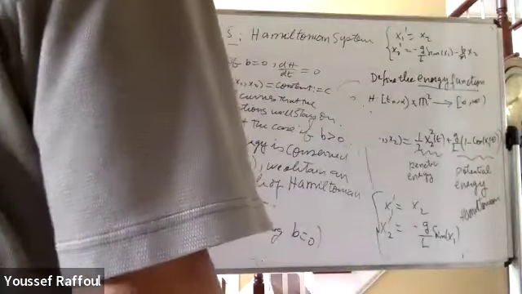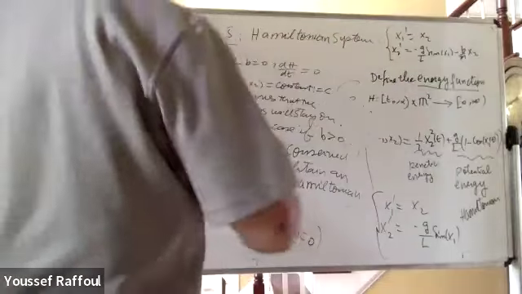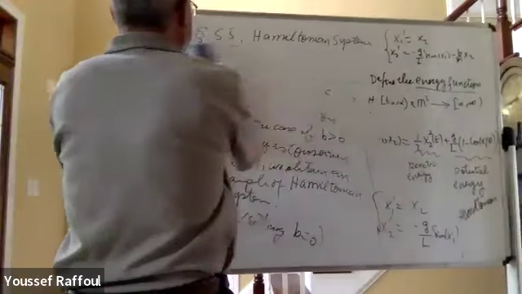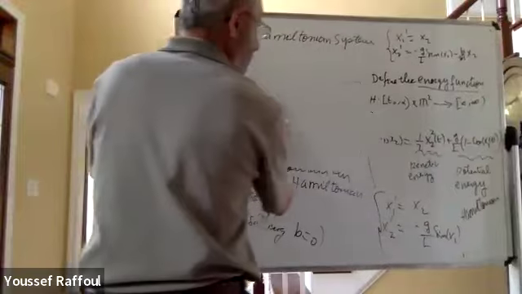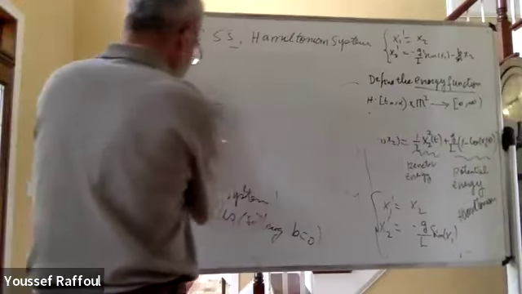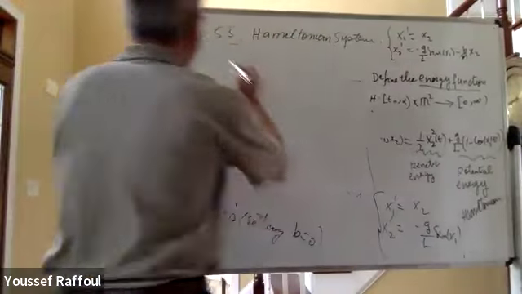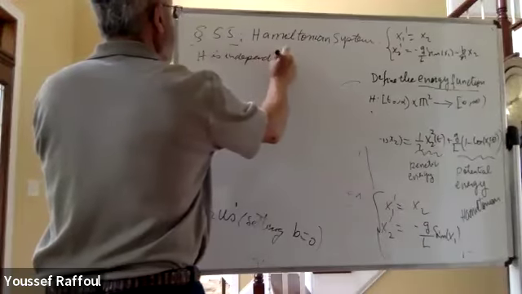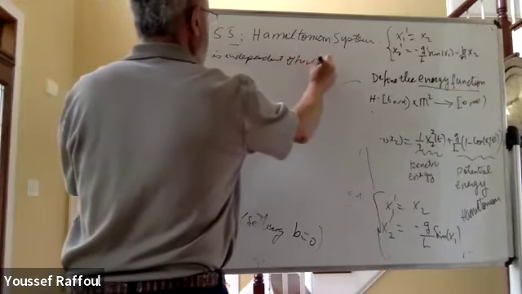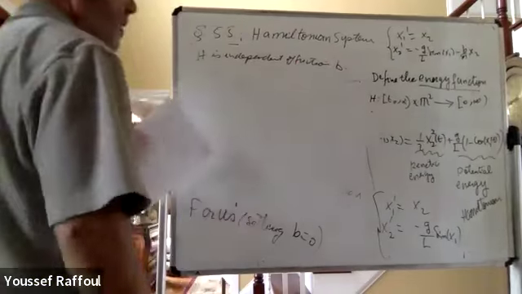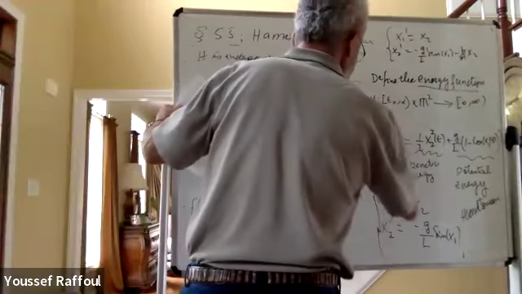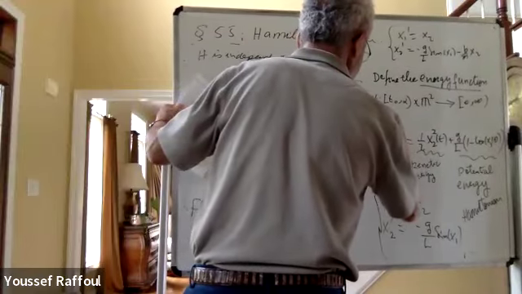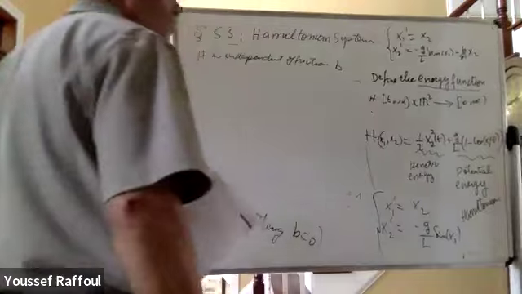So what does this mean? If we look, you see H is independent of the friction B. So remember, this is our H, H of x1, x2 equal to that.